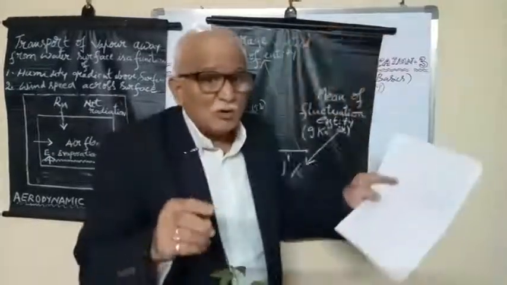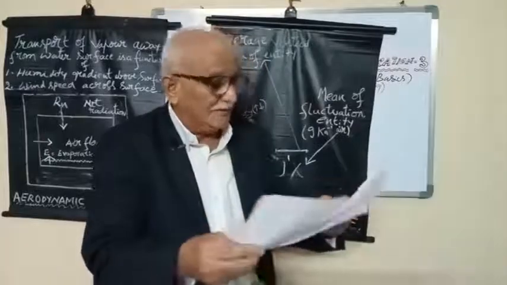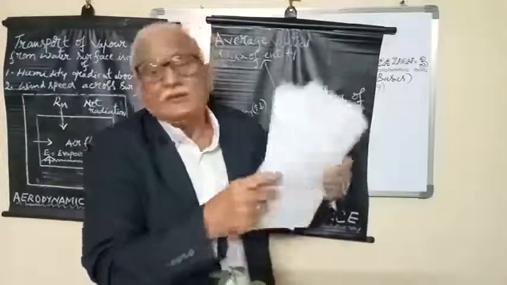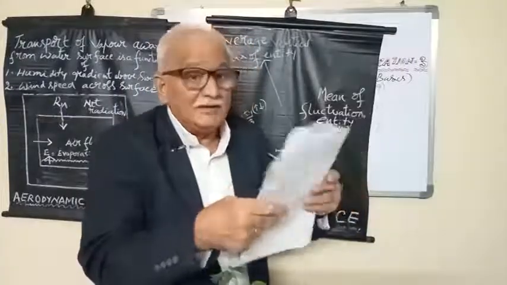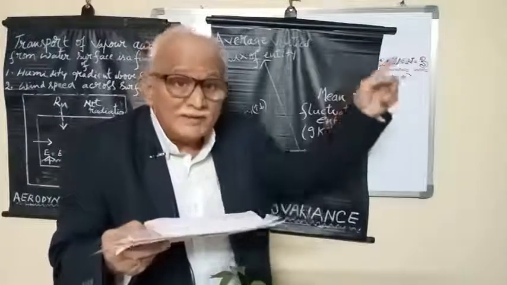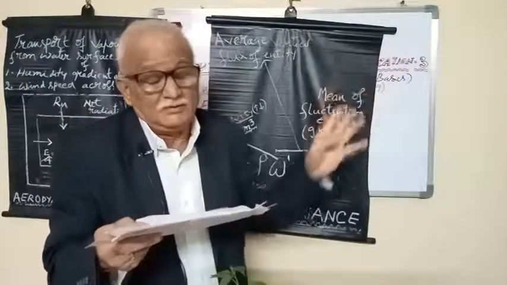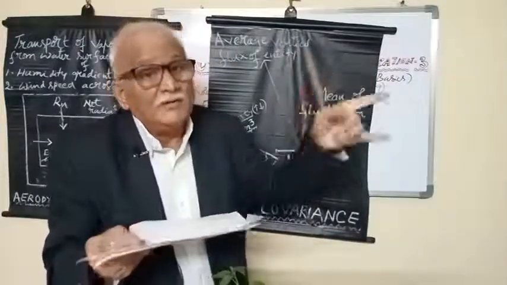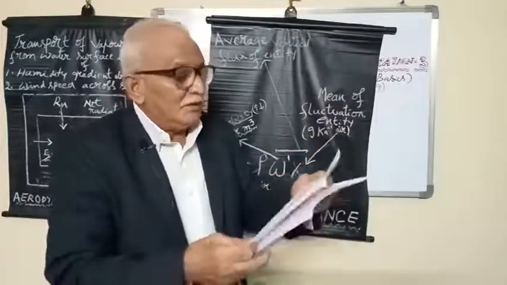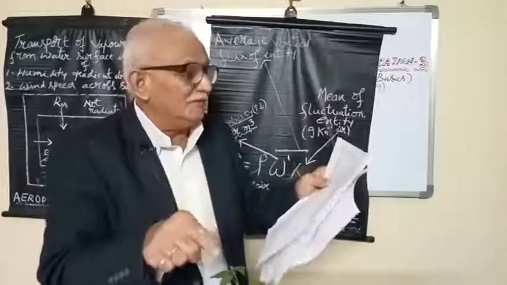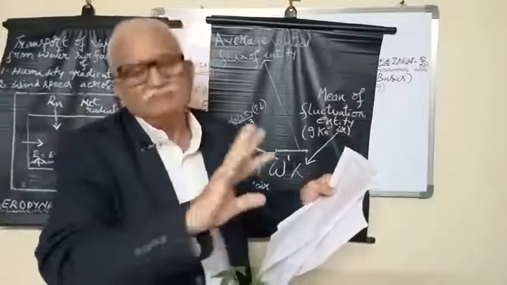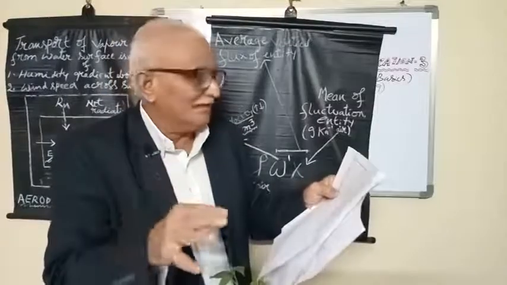So why are we going for eddy covariance? We also call it the eddy correlation technique. First we try to understand the aerodynamic method by Thornthwaite and Holzman, which was improved by Pascal. Now the eddy covariance technique overcomes the limitations of Thornthwaite and Holzman, and later others.